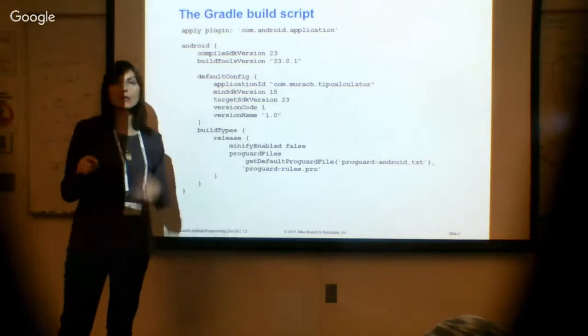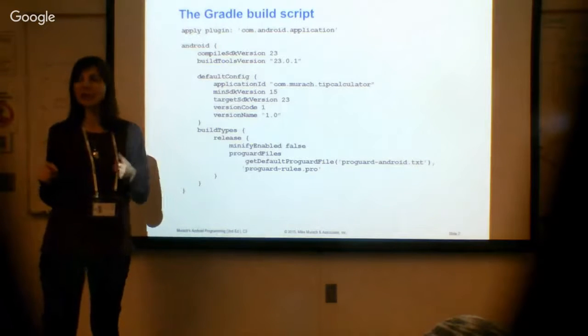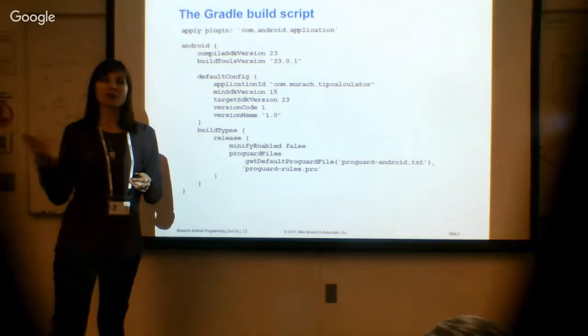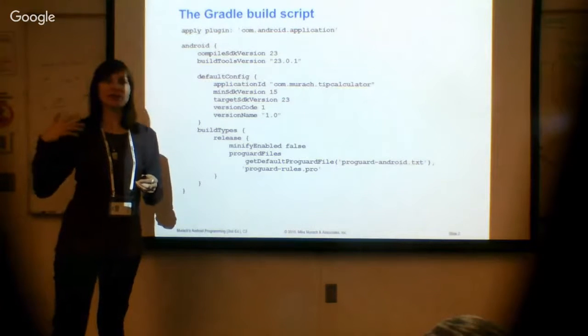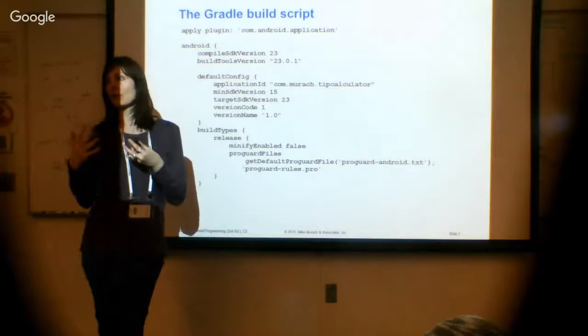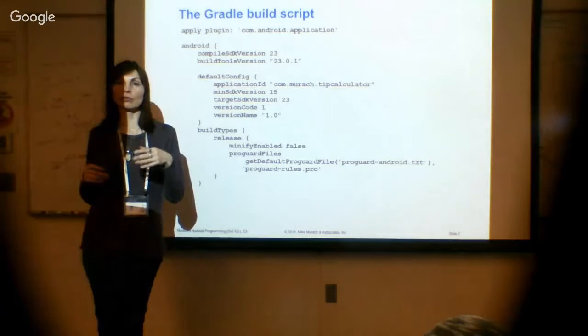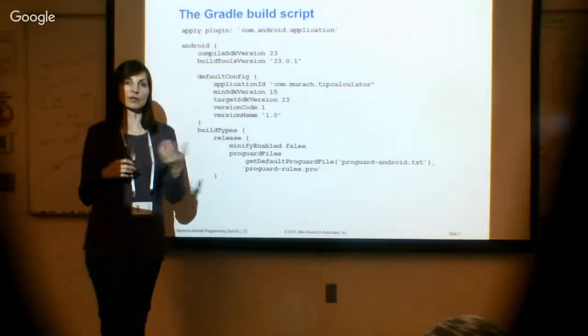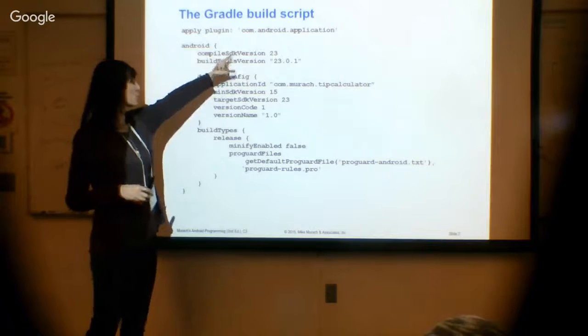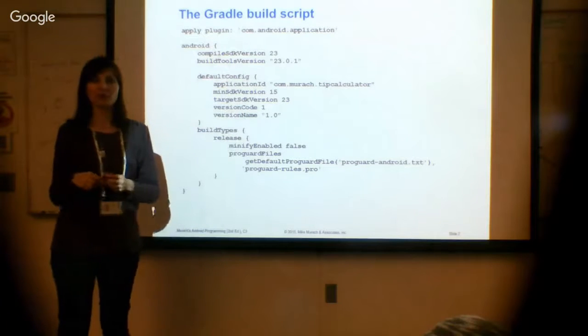The target SDK is the version you're targeting. If this is 23, this means that Android Studio is backwards compatible, so if you have some newer versions, they will still work. You can work with them, but you won't be able to use some of the newer features. So that's a little bit of a trade-off. And then the compile version will often be the same as the target version.